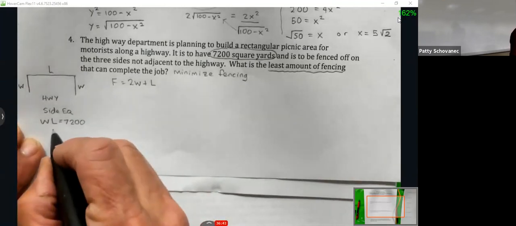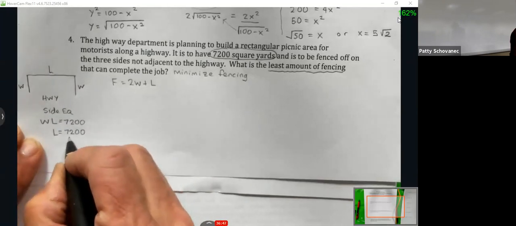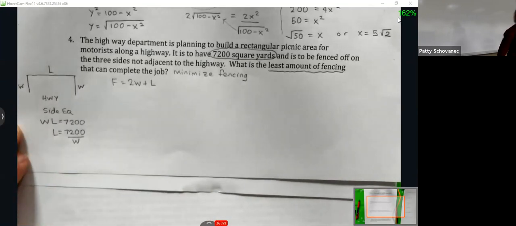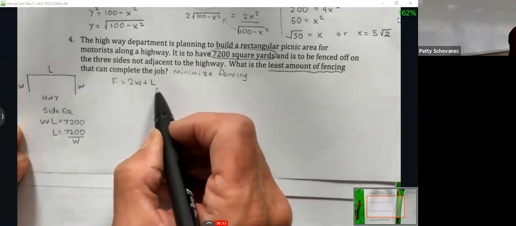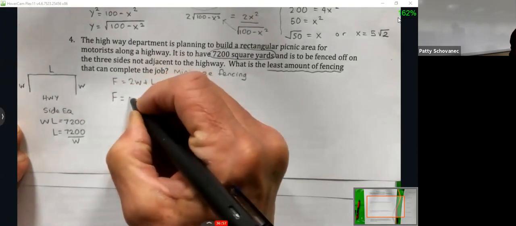So let me solve it for L. So now I'm going to take that, put it in where the L is right here, and then our fencing equation just has one variable.